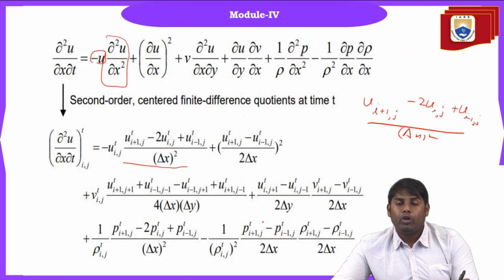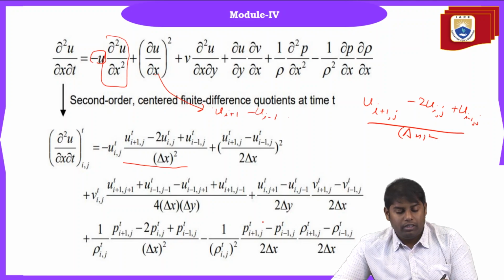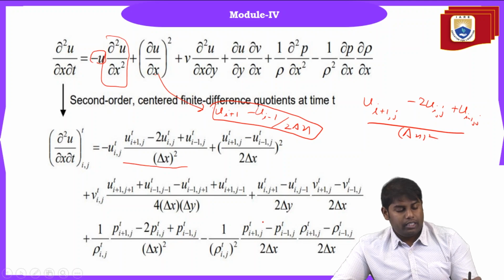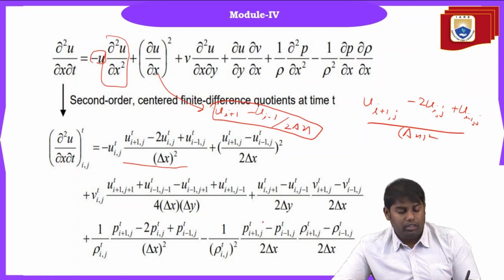Next we have dou u by dou x. For this, we have written the central difference scheme, which is u of I plus 1 minus u of I minus 1, divided by 2 delta x. Next, v velocity into the mixed derivative, so we have the mixed derivative formulation.